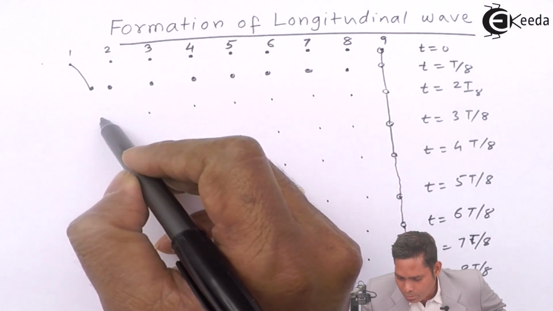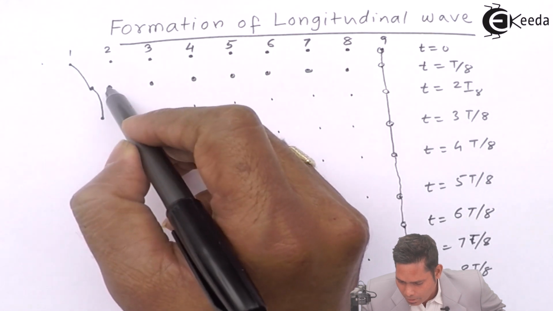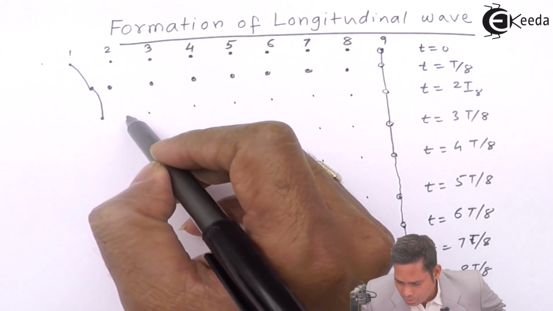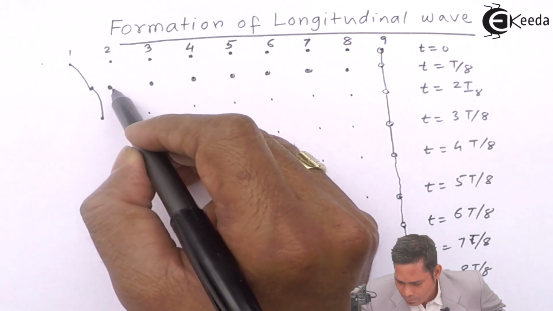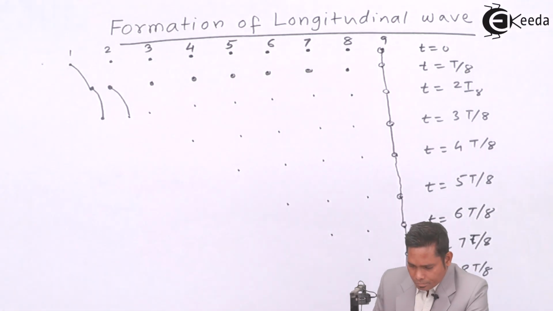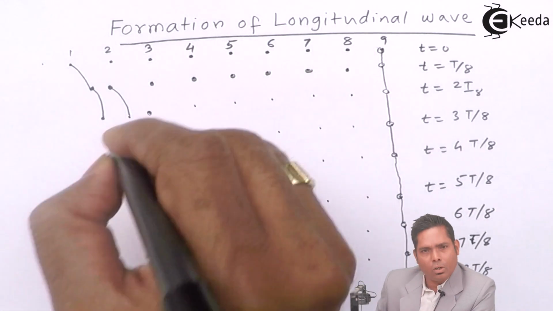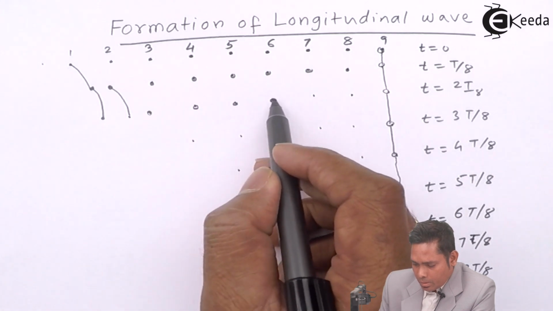So it will come to this position. This particle will come to half the amplitude, to this position. Now this particle is about to receive the oscillation, and the remaining will be as usual undisturbed.